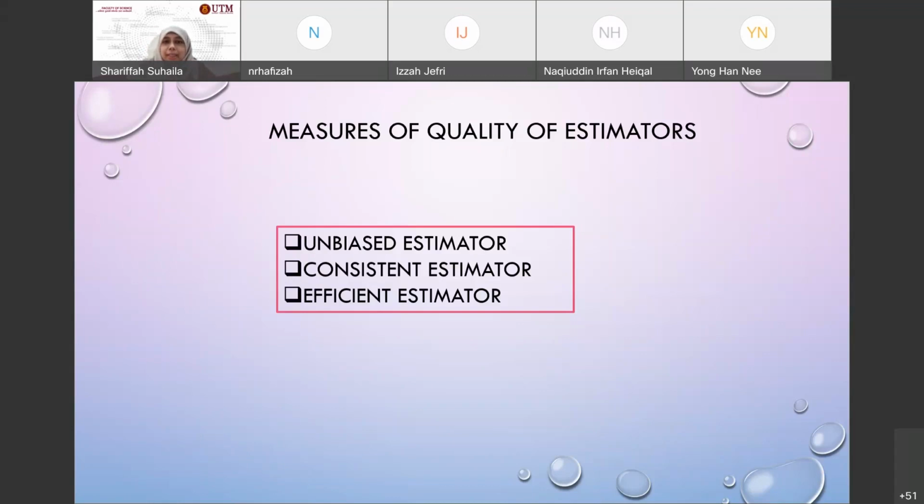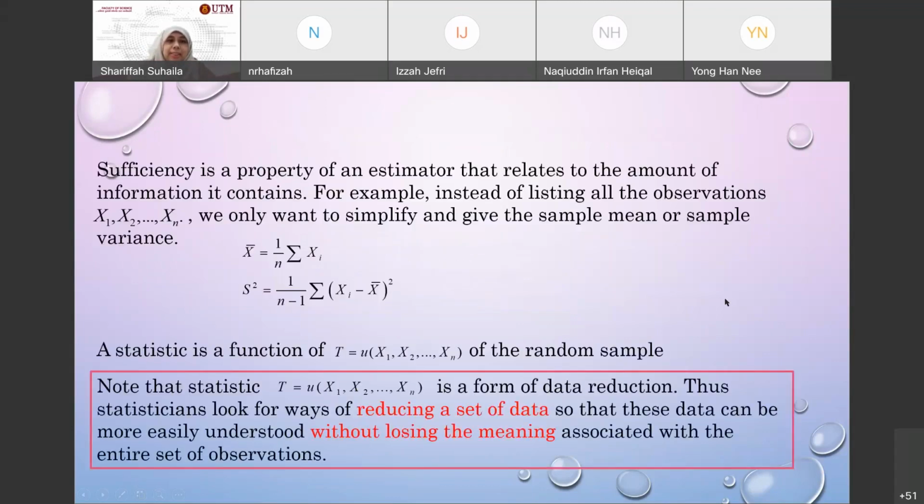Okay. So again, the concept now is on sufficiency. We call that a sufficient statistic.